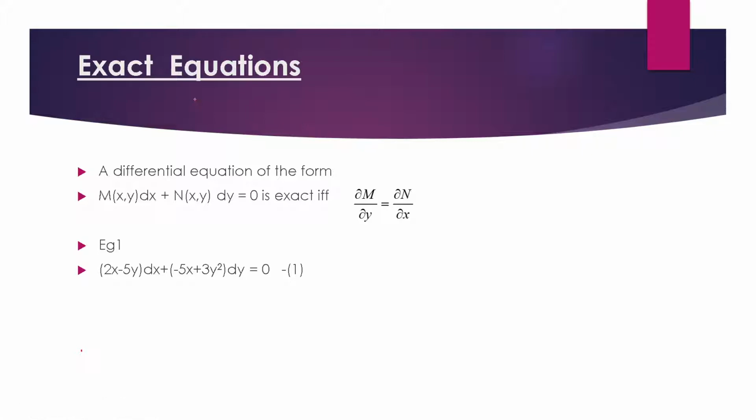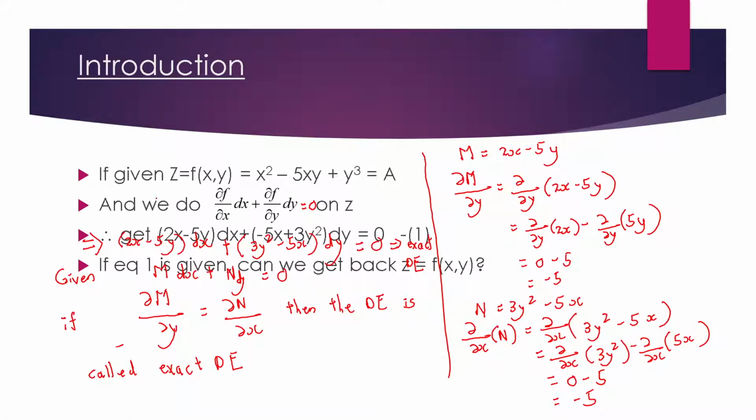We have z equal to f(x,y) equal to a. This example is from the previous example: from z equal to f(x,y), when I do del f del x dx plus del f del y dy, I get the first differential equation. How can I go to this?